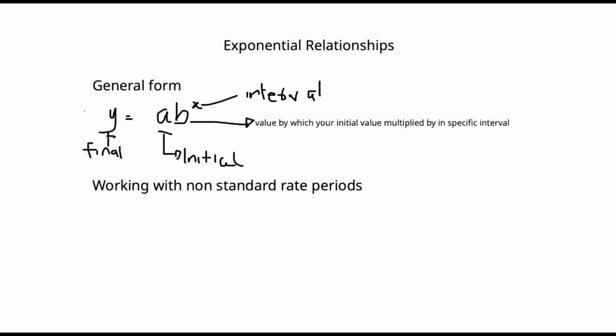Let's move to working with non-standard rates. Now this is very easy. So probably you have an initial amount of money, let's say 1,000 Ghana cedis, and then for every year, or let's say for every decade, your money doubles.